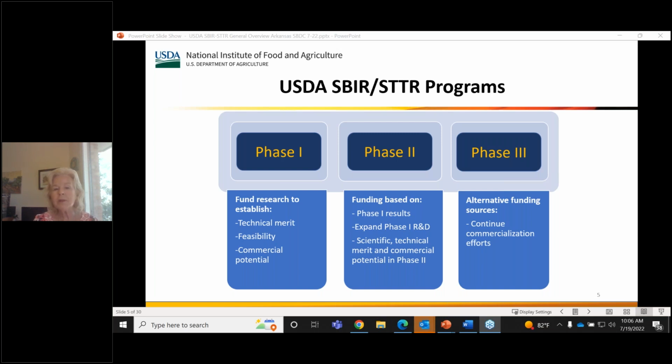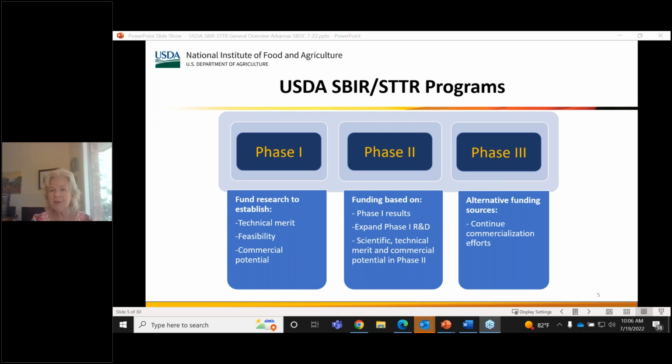And also a little bit about commercial potential. So you're trying to get a footing with your innovation, to establish the technical and scientific feasibility of it. And then you're also giving some idea of what the commercial potential is.